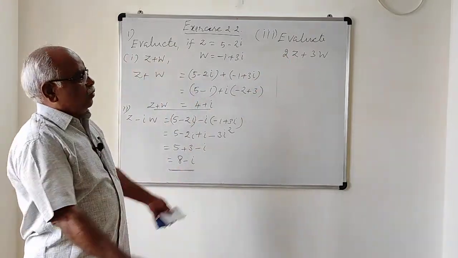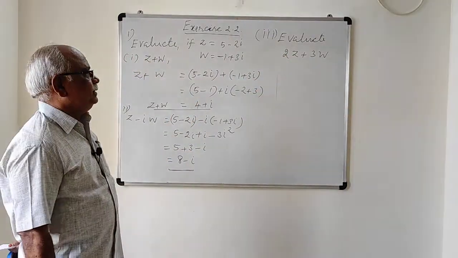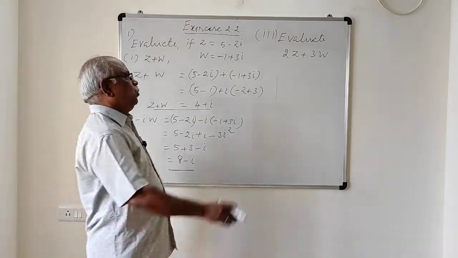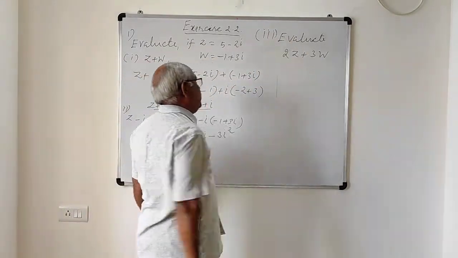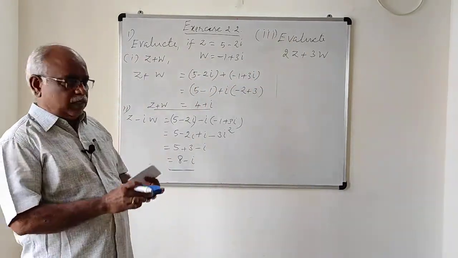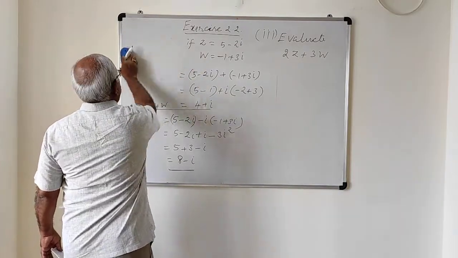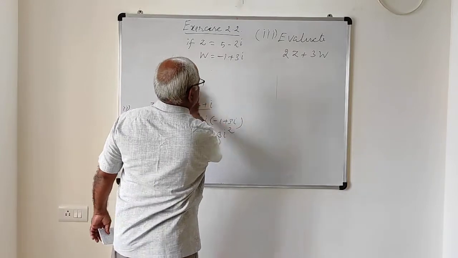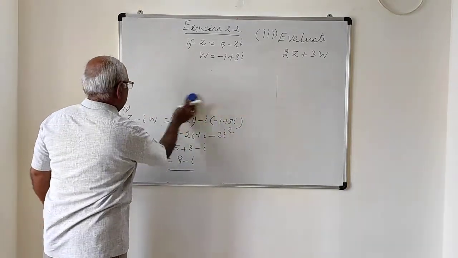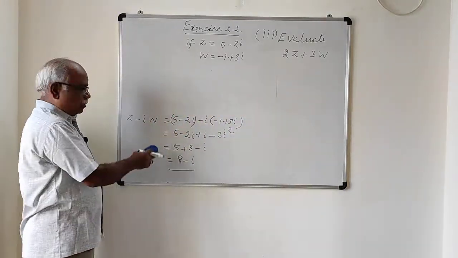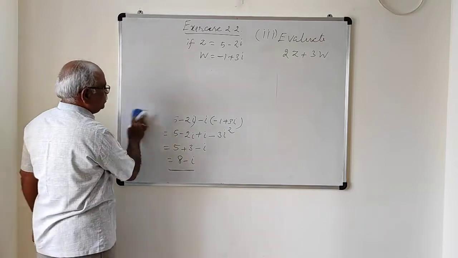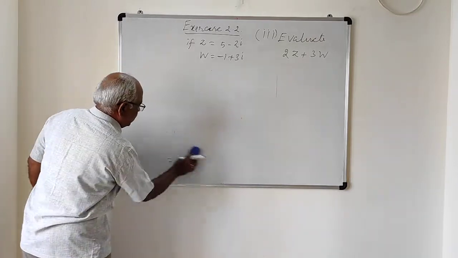And you just add, you will get the answer for problem 3. So you try to solve this problem on your own. I hope you understand. Now I am going to erase this sum because I am going to solve the next subdivision.